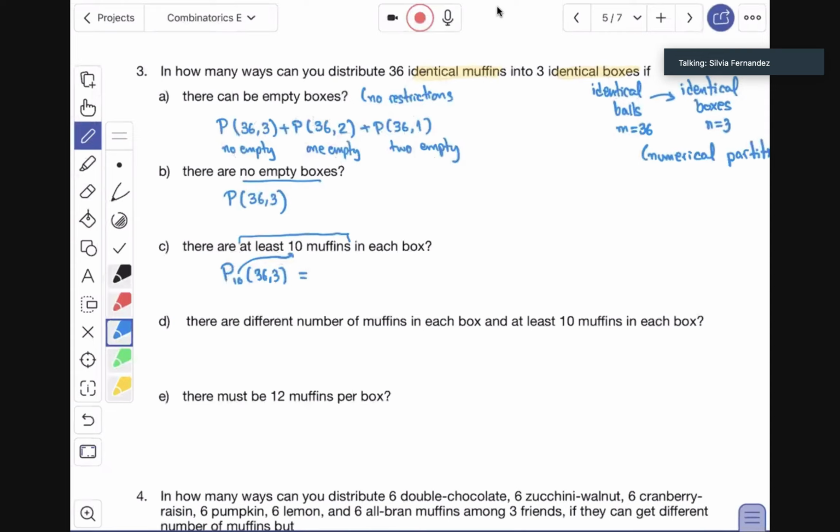And so I have this, which is the same as doing 36 minus 9 times 3. And I'll explain. Well, this is one of the formulas that we have in the distributions table. We are just subtracting the 10 minus 1. This 9 is 10 minus 1. And essentially what's happening is that we're placing 9 muffins in each box to start with, and then we just count the rest of the partitions.